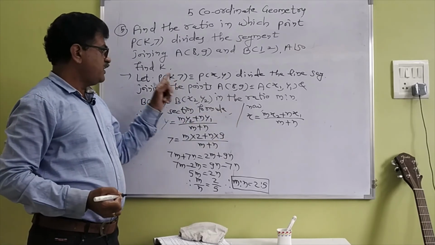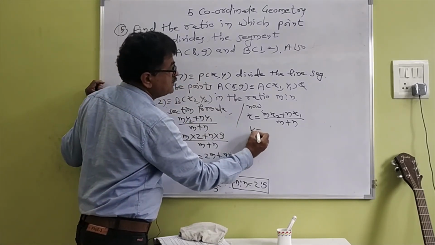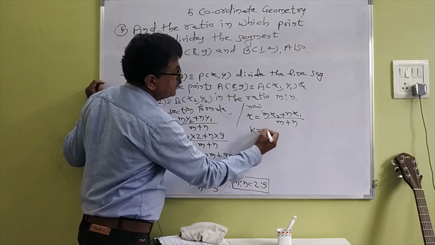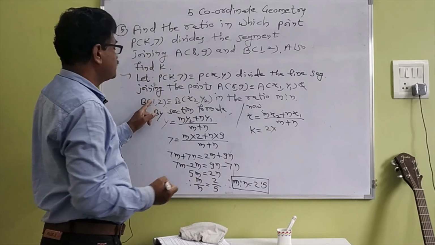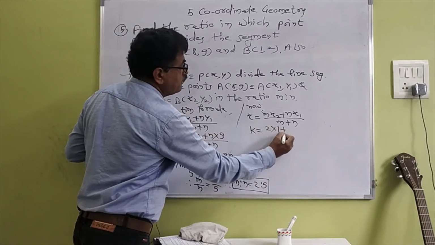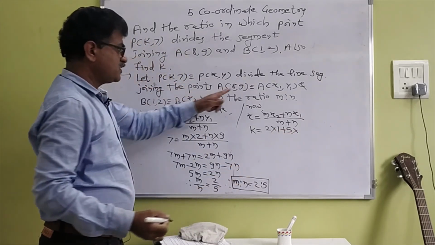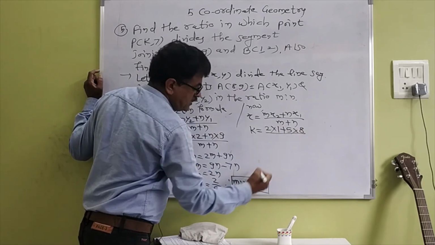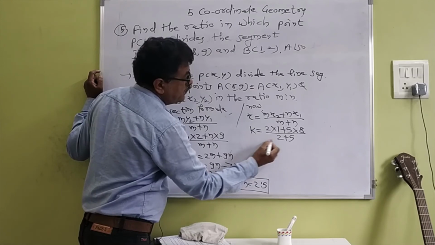Now the x coordinate here is k. Therefore k is equal to, the value of m is 2 into x2. What is the value of x2? 1, plus n is 5 into the value of x1, which is 8, divided by m plus n, that is 2 plus 5.